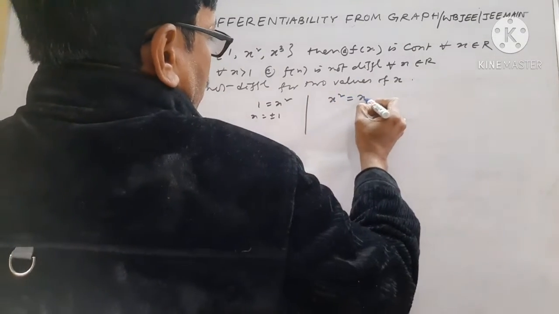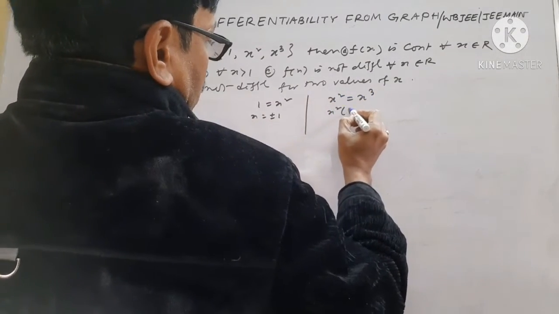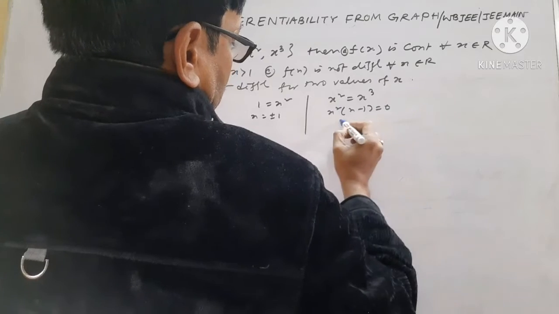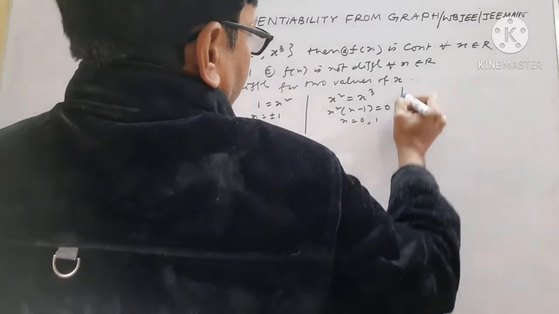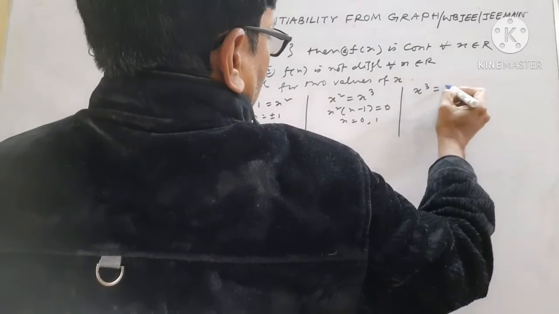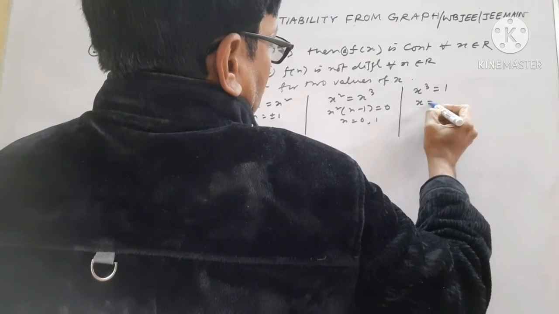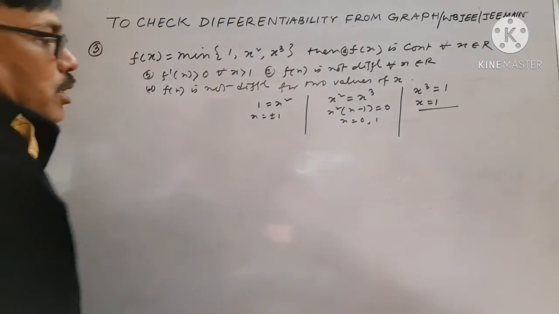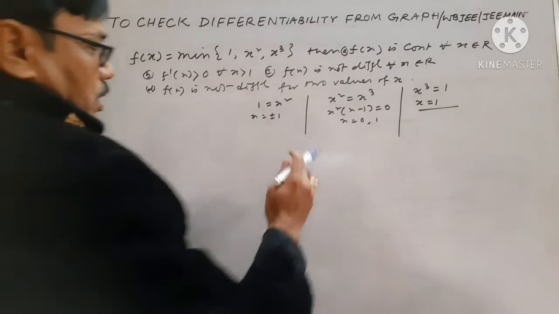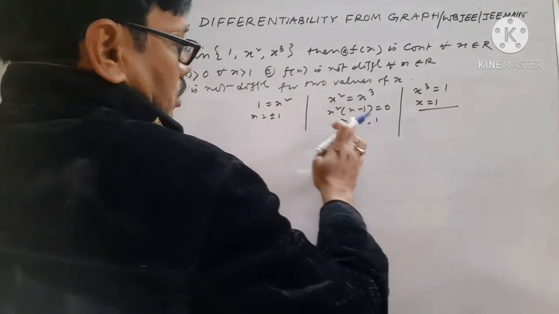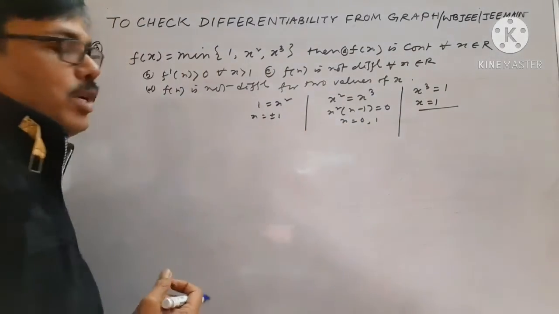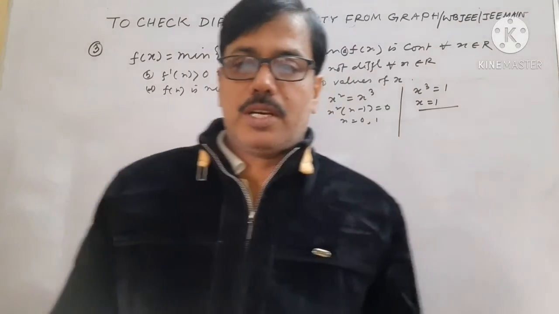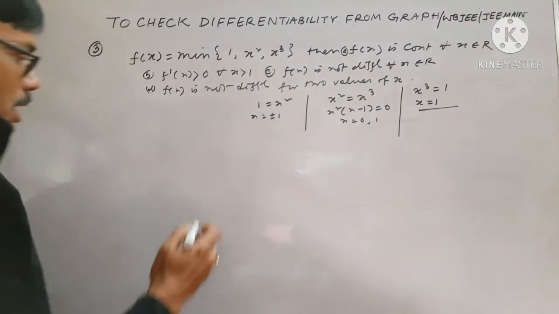X square equals x cube, so the points of intersection are 0 and 1. X cube equals 1, so x equals 1. So the points of intersection are minus 1, 0, 1. We are getting 3 points of intersection. Now the graph.